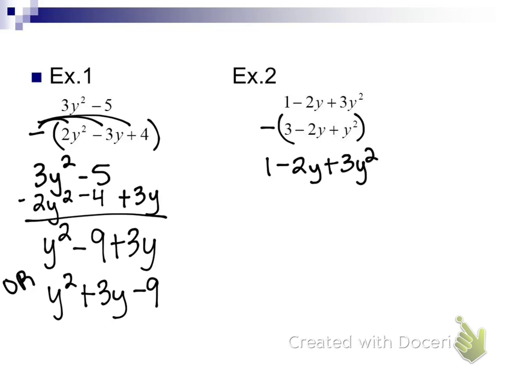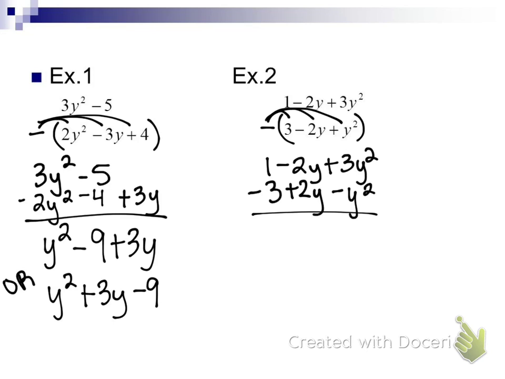The top one we're going to leave alone. Instead of a 3, I would have a -3. Instead of minus 2y, plus 2y. Instead of plus y squared, negative y squared. Good. Top one stays, bottom one signs flip.